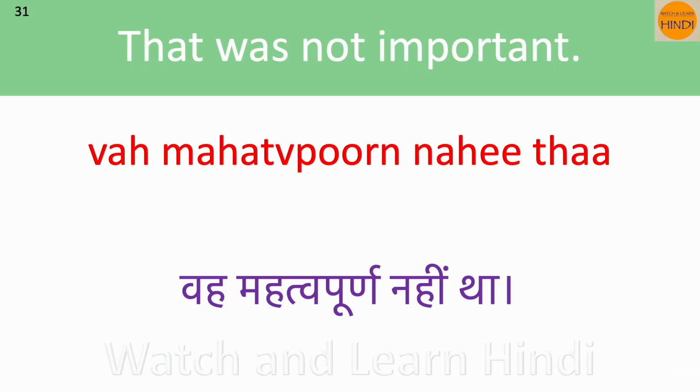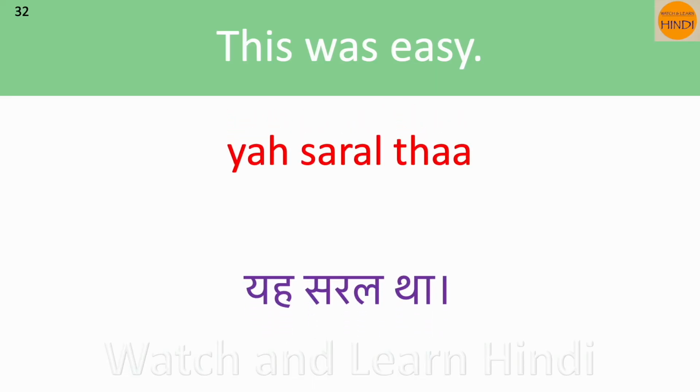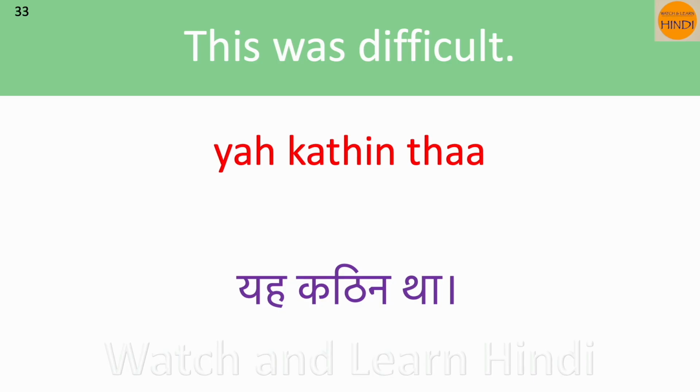This was easy. यह सरल था. यह is this. सरल is easy. यह सरल था. This was easy. This was difficult. यह कठिन था. कठिन is difficult. यह कठिन था.